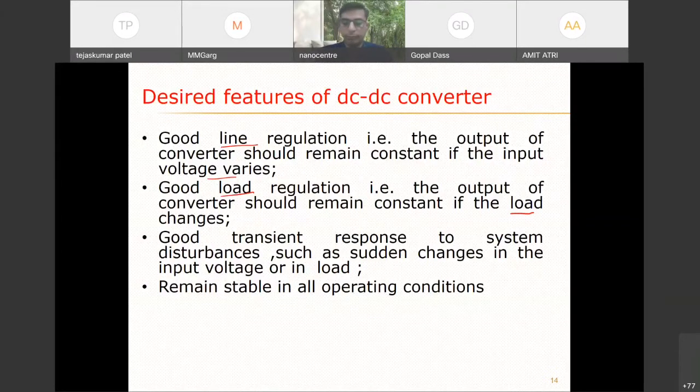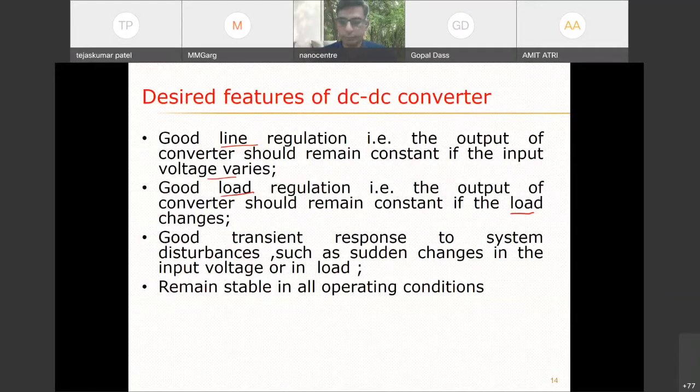That is the feature a DC to DC converter or SMPS should have. So it should have good line regulation. Similarly, if there is a change in load, the output voltage should remain constant. That is called good load regulation.